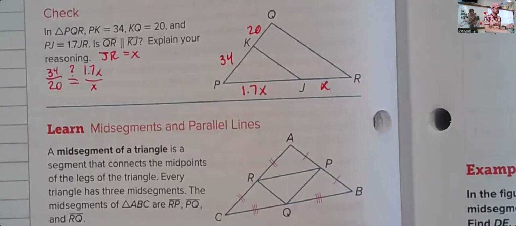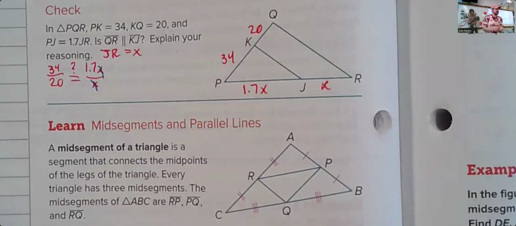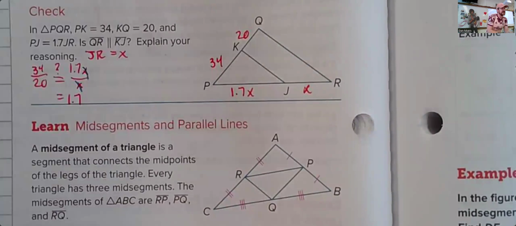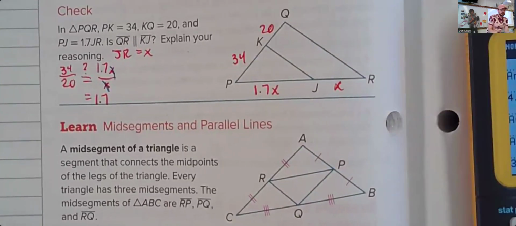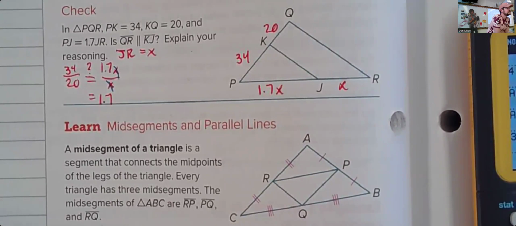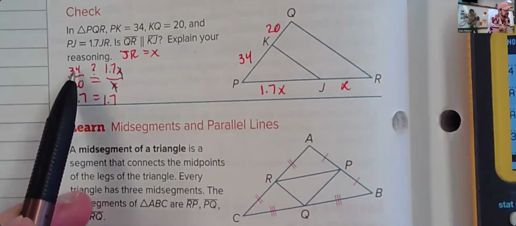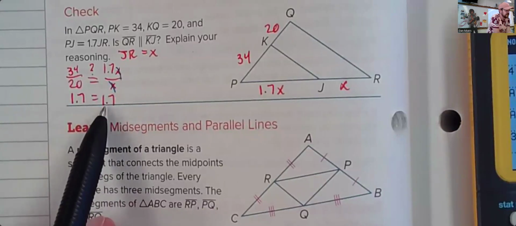On the right side, the x's cancel out, and you're just left with 1.7. So does 34 divided by 20 equal 1.7? What is 34 divided by 20? 1.7. So those two ratios are equal, which means they are proportional.